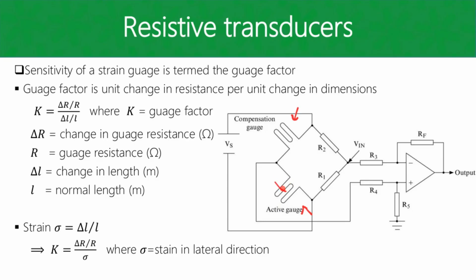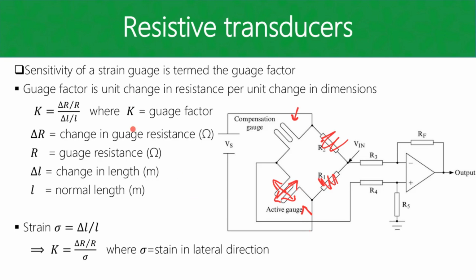So this is the gauge that's going to be experiencing stresses in whichever direction. But you can also use the Wheatstone bridge so that if you were to make all four of these strain gauges, then you can actually measure the direction of displacement as well.